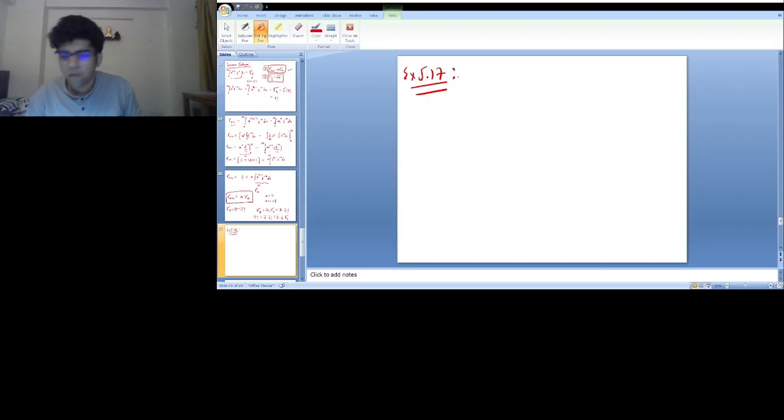So my example 5.17 says a random variable x has the probability law f(x) is equal to x upon b square, I am referring to this book.